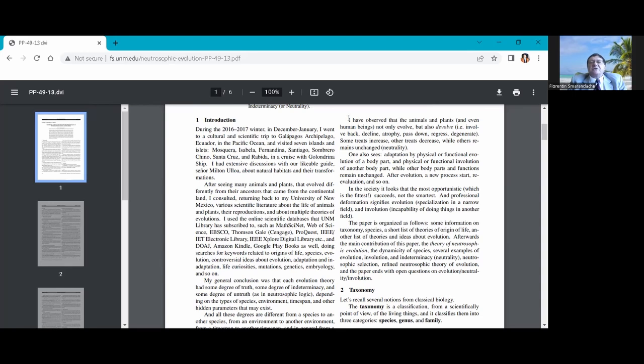So this was interpreted as involution. They did not fly because they didn't need that. They used water in order to get fish, and they developed the legs in order to be able to catch the fish better.